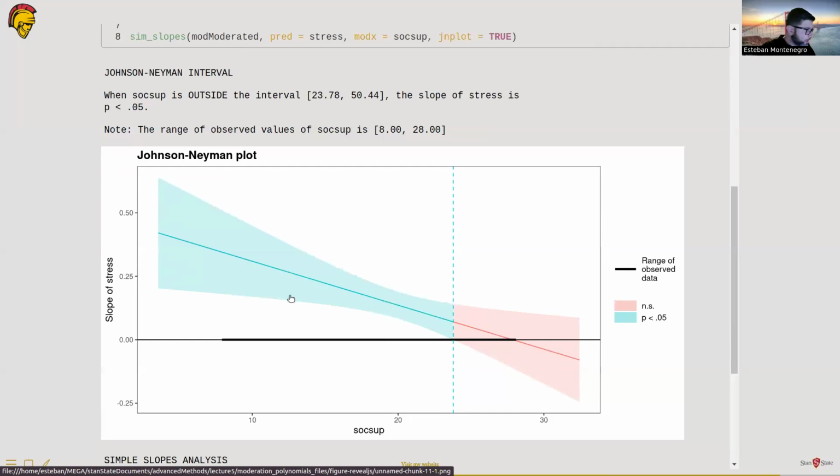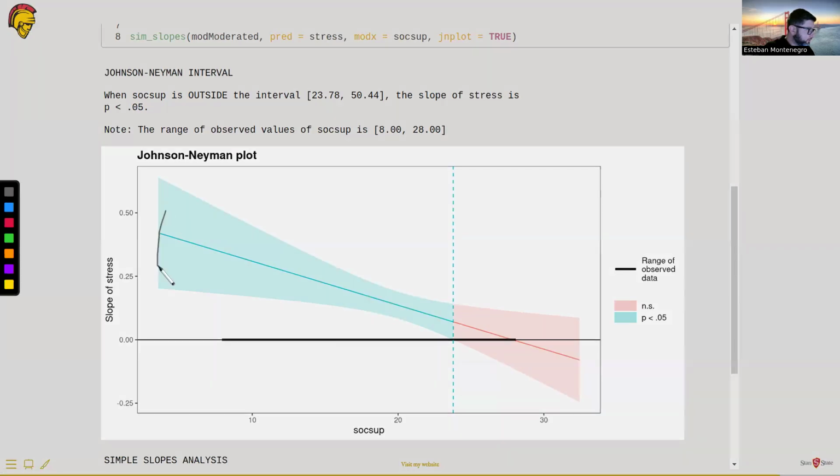This blue part represents the region when the relationship between stress and depression is not explained by chance. So when social support approaches up to, what is this? Yes, 30. Oh, that's weird. Social support outside the interval 23.12.